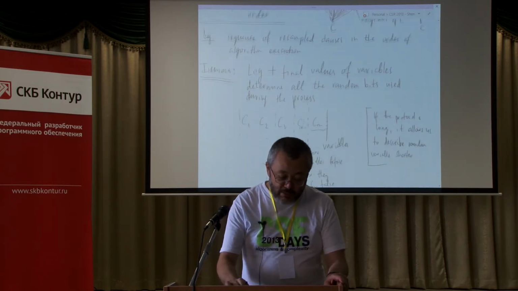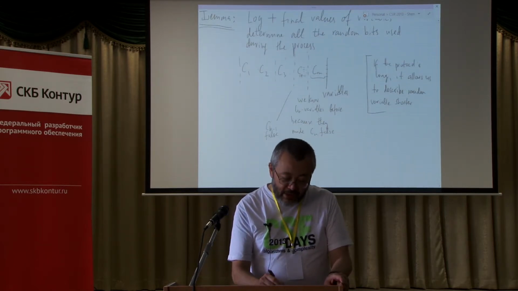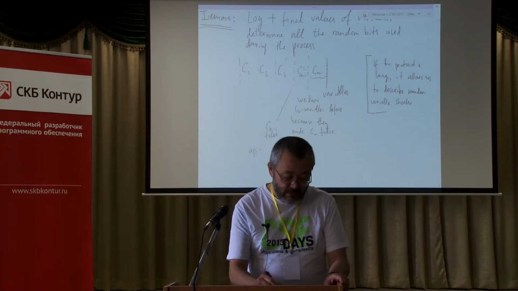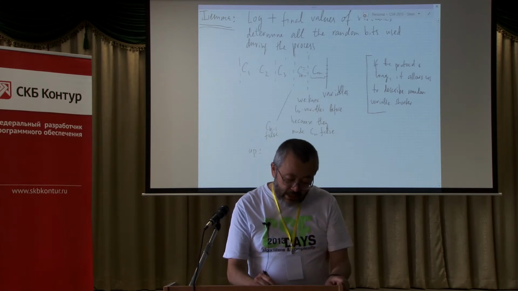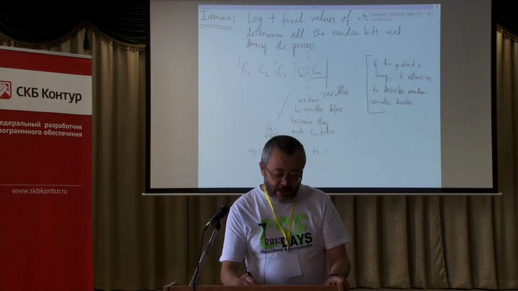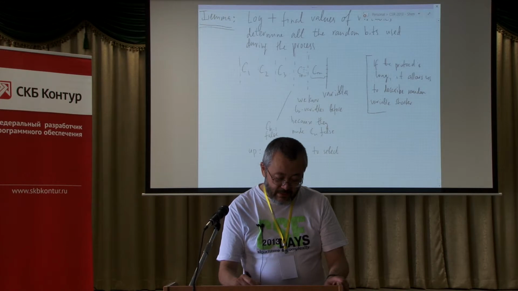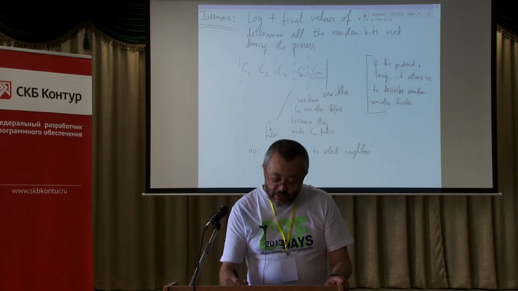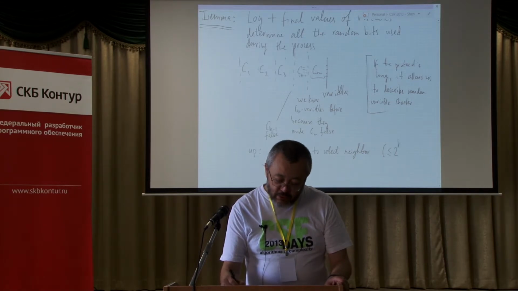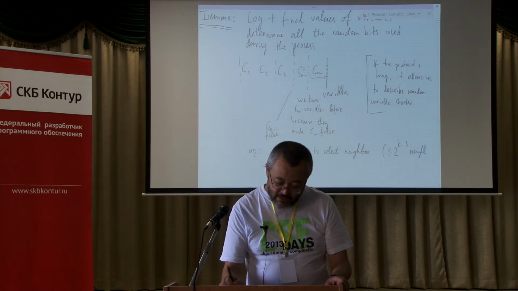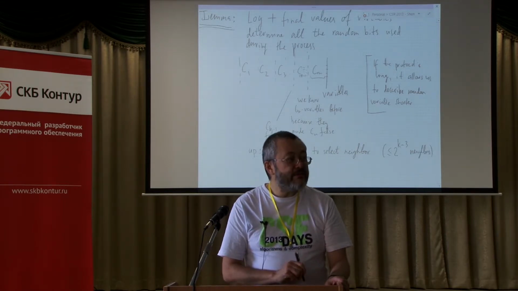And how do we specify the tree? There are some steps when we go up in the tree. And then we need k minus 3 bits to select a neighbor. We assume that we have at most 2 to the k minus 3 neighbors, including the clause itself.